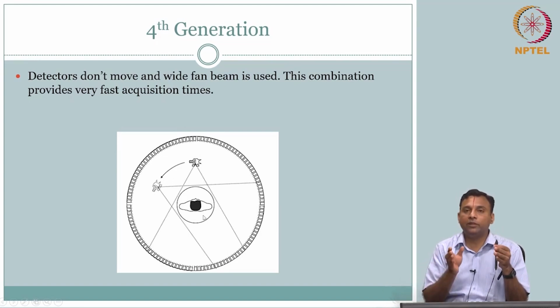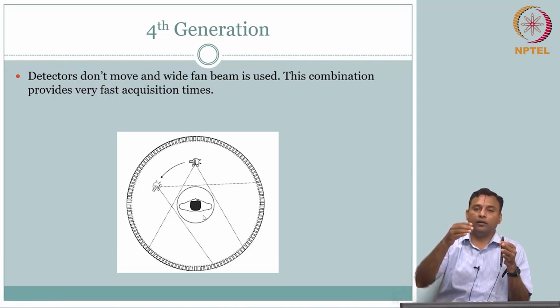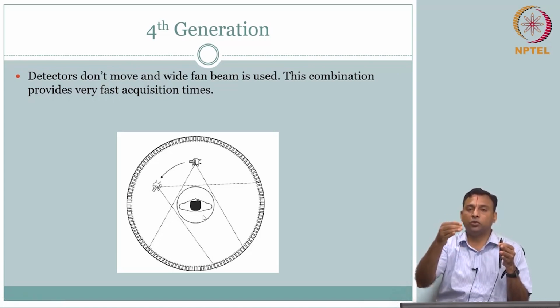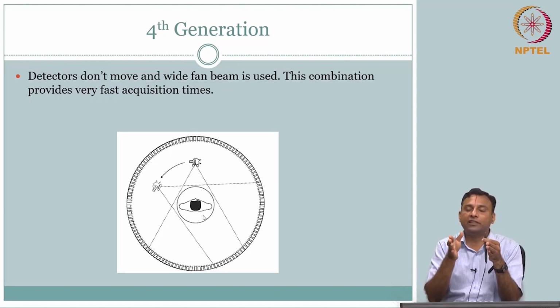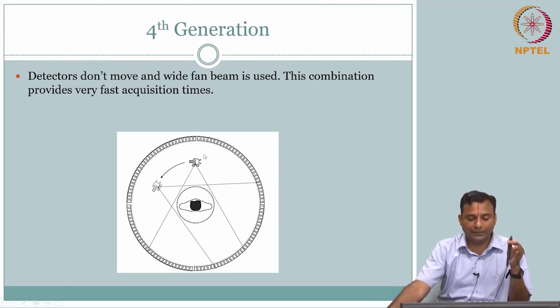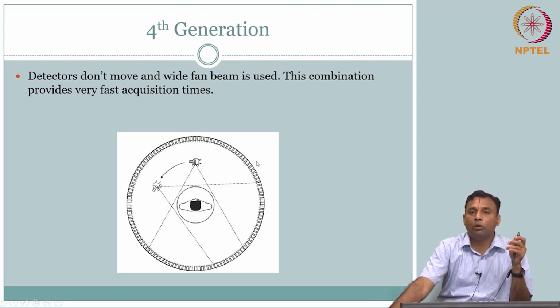So a detector must be able to pick depending on where the source is shooting. So you cannot really have a fixed collimator. The collimator aspect is done away with. So the moment you do away with the collimator, what is the problem? The problem is now you are having multiple lines and you do not have collimation.